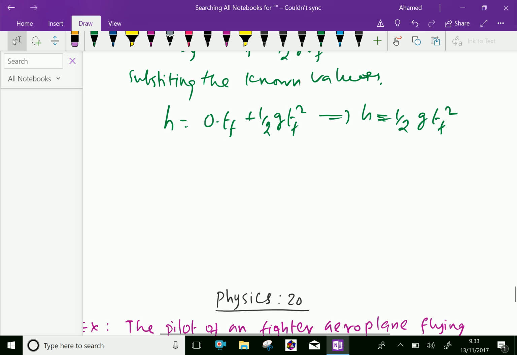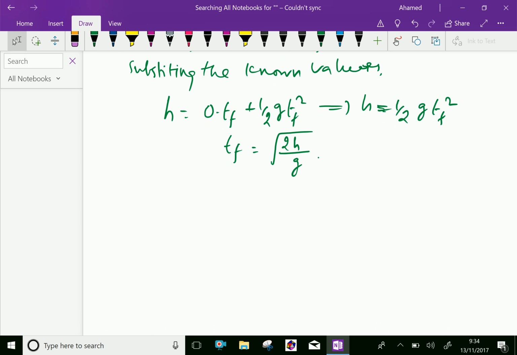From that we can find tf equals the square root of 2h over g. Now we got the time of flight, Tf equals the square root of 2h by g.